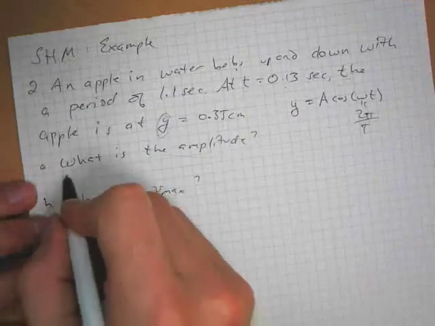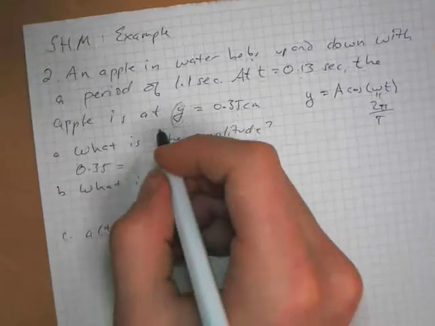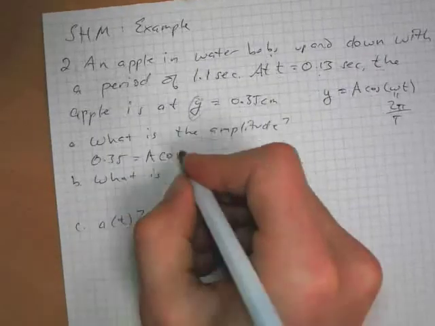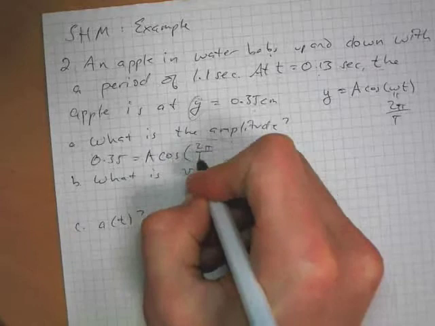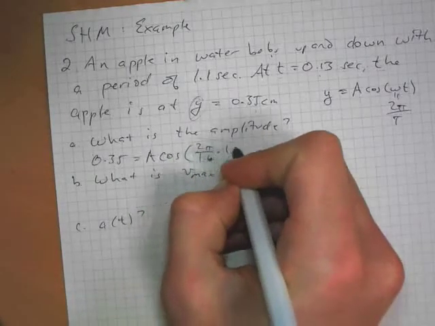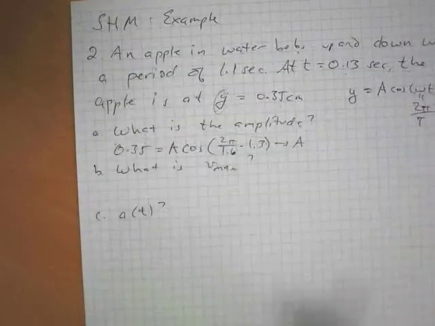So 0.35 equals, just plugging into our equation, a cosine of 2 pi over 1.1 times 1.3. And we can solve for our amplitude by working backwards through this equation.